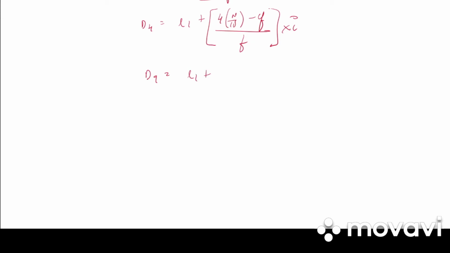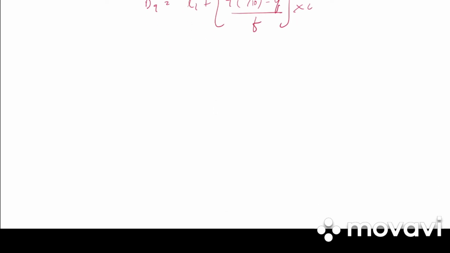D9 is equal to L1 plus (9 into n by 10 minus Cf) divided by f into i. So we are done with deciles. Quartiles divide the series into 4 parts. Deciles divide the series into 10 parts. Write down the third one, percentiles.